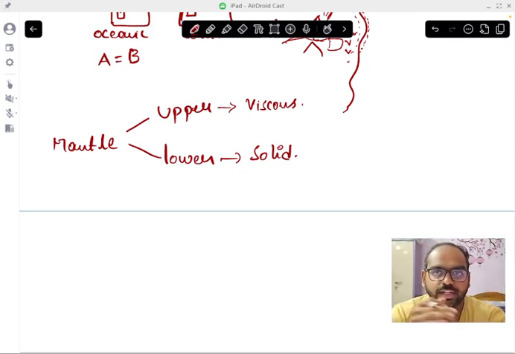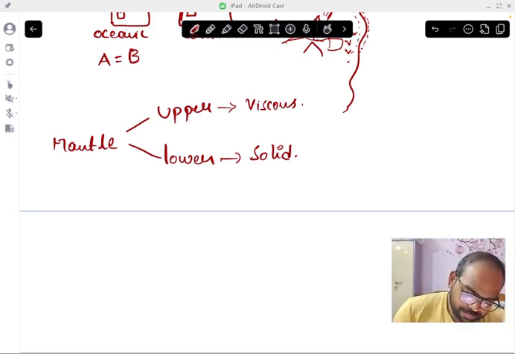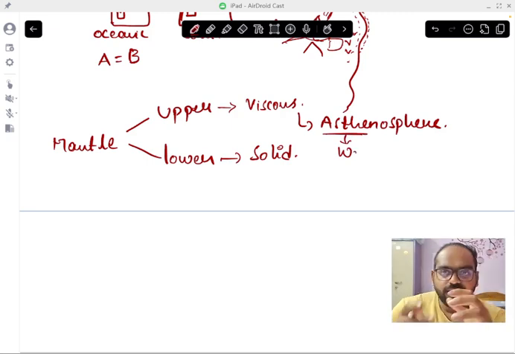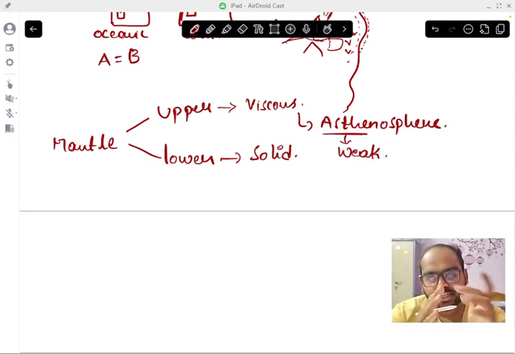It is viscous, like a gel. It's not a complete solid. This upper mantle is called the asthenosphere. Astheno means weak. Weak in the sense it is not a solid.